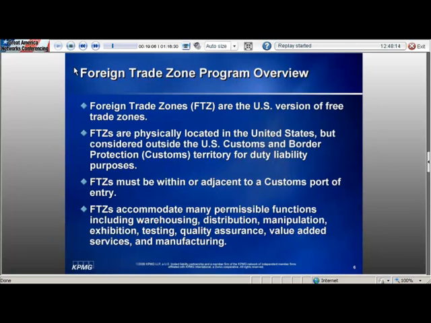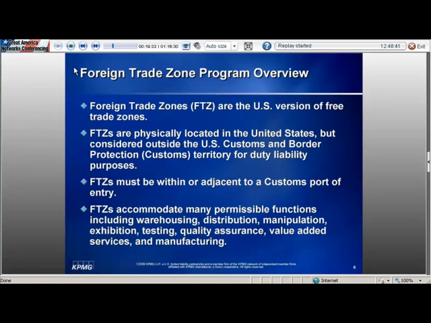Okay, so I'm just skipping ahead to the Foreign Trade Zone program overview, and I'm going to just hit the point that Craig maybe didn't cover, just in the interest of time. But essentially, foreign trade zones, as you guys know, are carved out of the U.S. Customs territory. They must be within or adjacent to a customs port of entry.